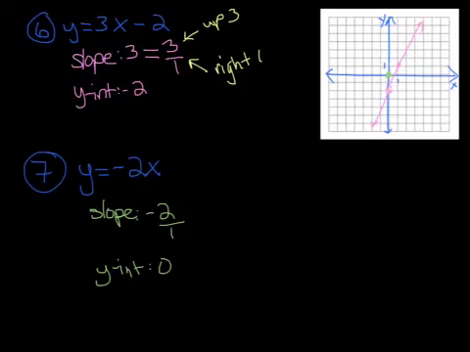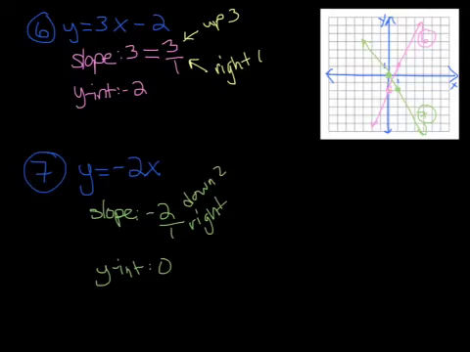Then I'm going to go down 1, 2 spaces and to the right 1. This means down 2 and right 1. From there, I draw the line through those, and my graph looks like that. I recommend that you label your graphs with the number that it corresponds to, so if you go back and you look at these notes later, you'll know what it's supposed to look like.